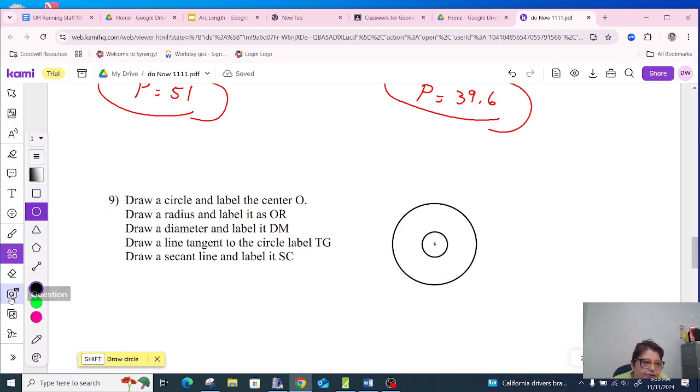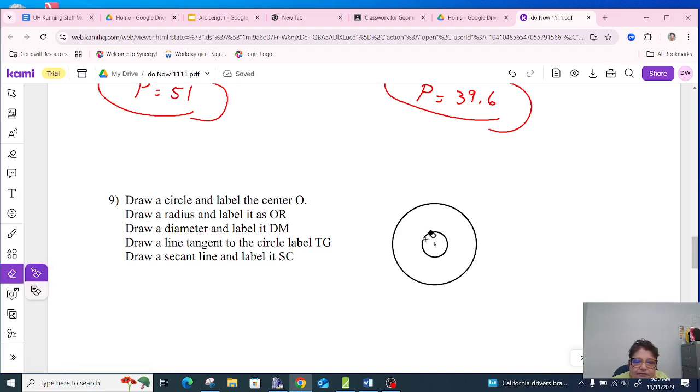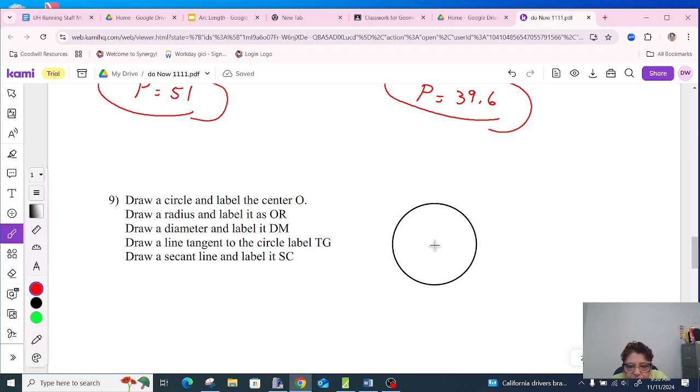Is there an undo? Okay. So right here, I'm going to label my center O, right? Everybody draw a circle, label your center O. I noticed some people were mislabeling, so that's why I put this one back on here.